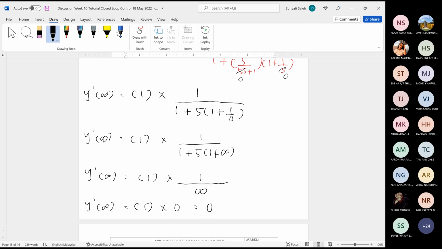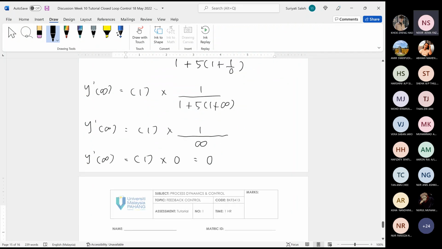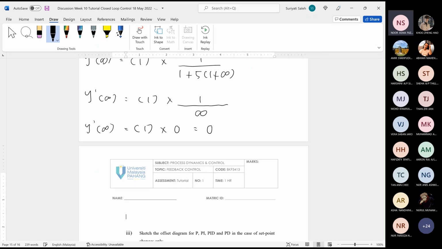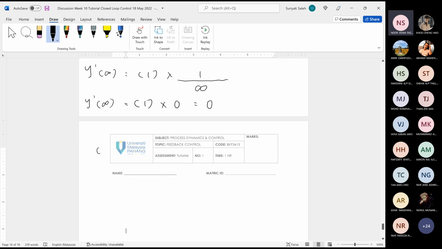Any question? Doctor, does it mean that 1000 divided by infinity is also 0? Yes, correct. 1 divided by infinity is clearly approaching 0.